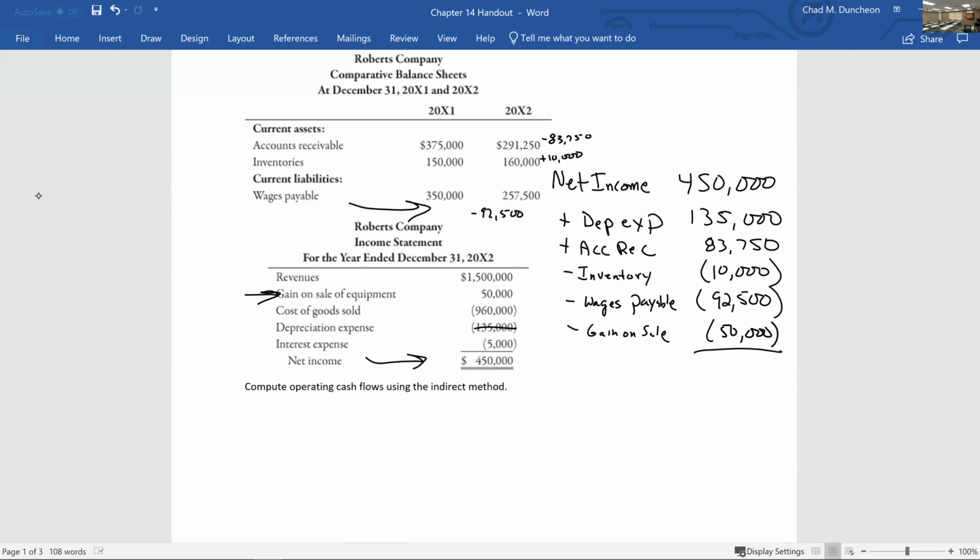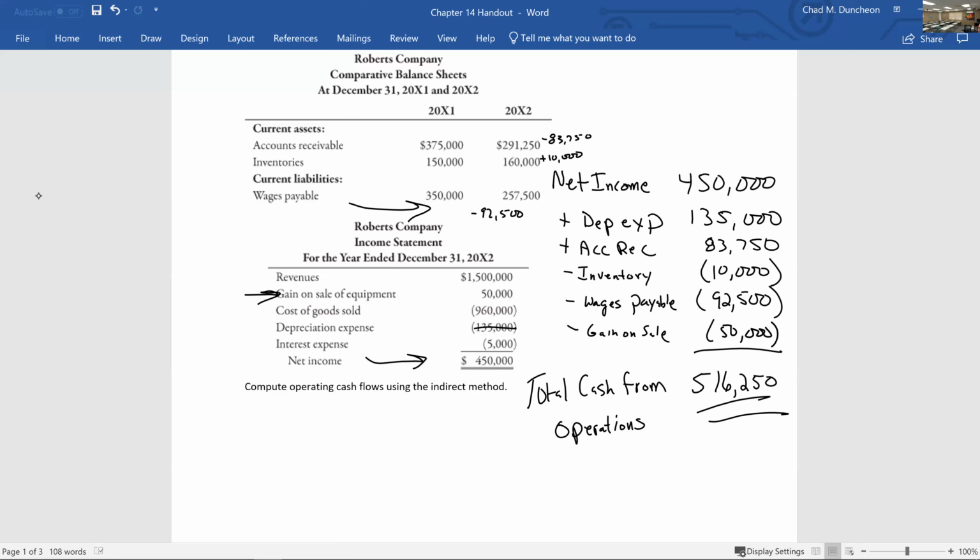I do my math here. Our total cash from operations works out to be $516,250. Okay, so there's how you use the indirect method to get your operating cash.